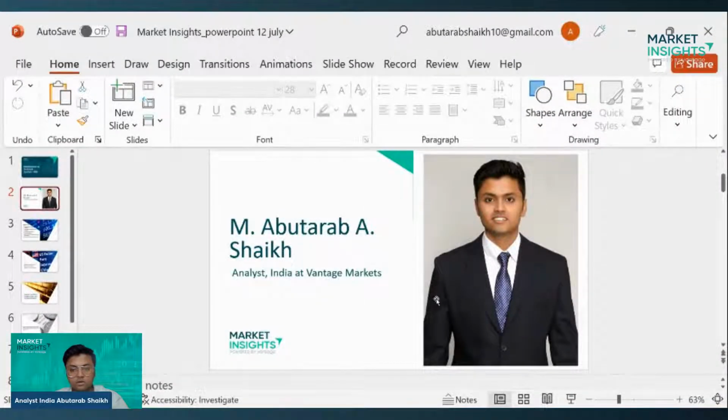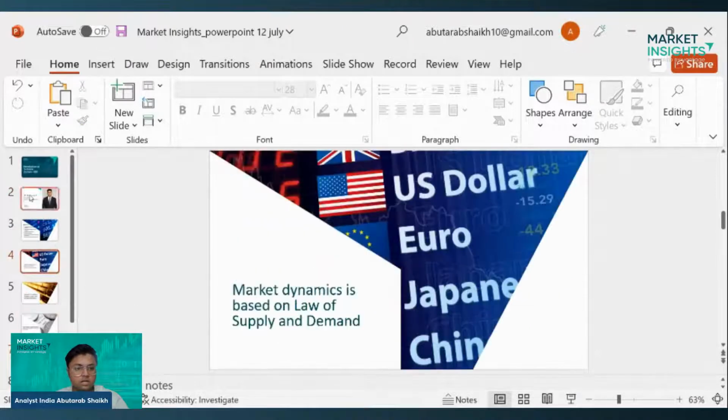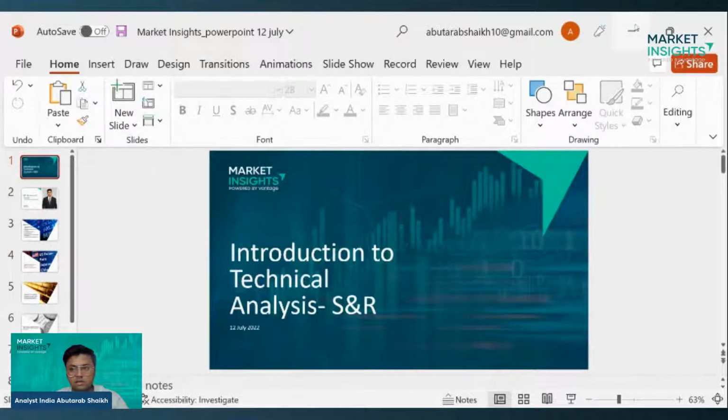Is the screen visible right now, or is it a blackout? It's blacked out. Okay, no worries. Just let me know whether it is visible now. Can you see this? Okay, done. Understood.